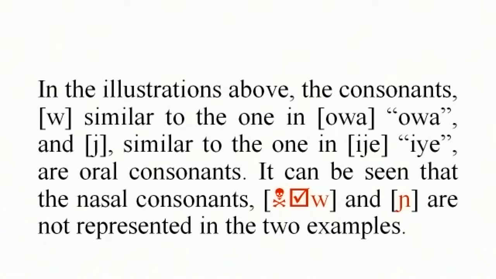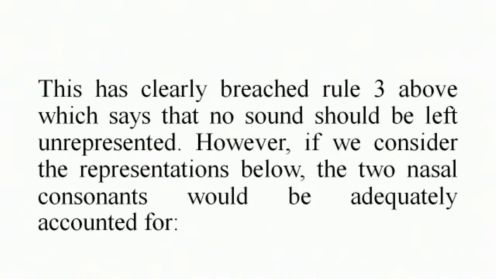This has clearly breached Rule 3 above, which says that no sounds should be left unrepresented. However, if we consider the representations below, the two nasal consonants would have been adequately accounted for.